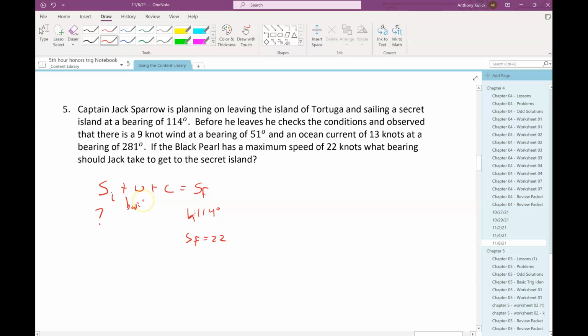That's what I think it's supposed to be. That's what I think is really going on.